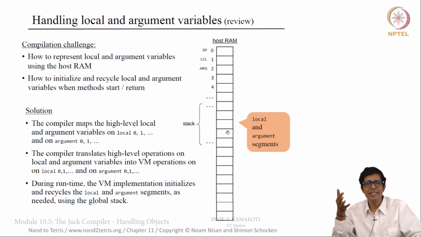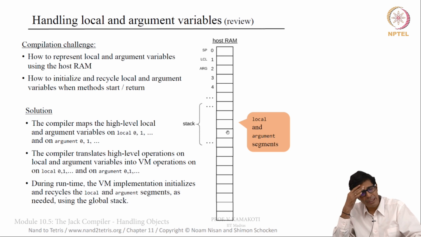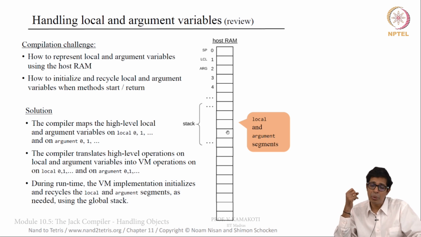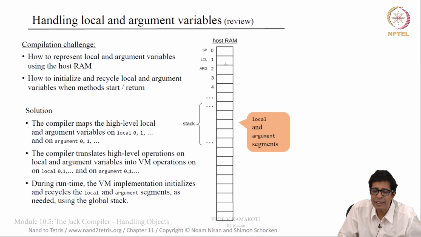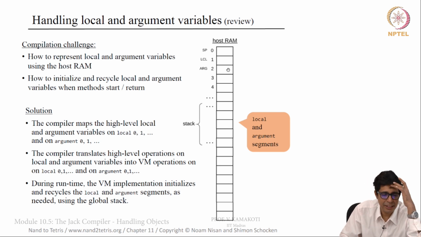We have seen this when we were doing the VM, and so the local and argument segments are always on the stack, and the current local and argument entries are there in locations 1 and 2 of the RAM. This we have seen earlier itself, right.